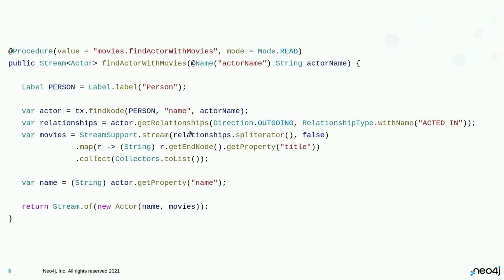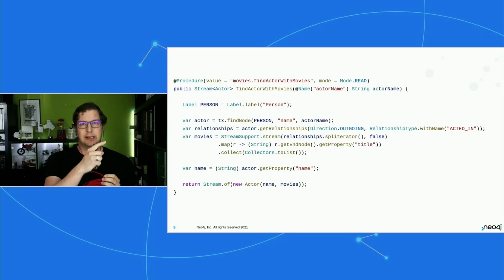I can query, for example, for the relationships the actor acted in. So when we recap the image that we had, an actor always has an outgoing connection to a movie that says he or she acted in.